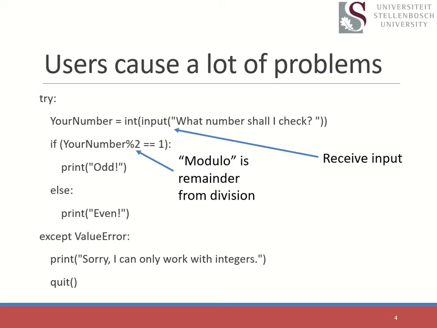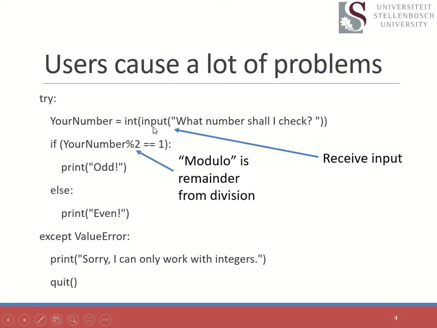So this top line, your number equals integer of input, what number shall I check, is a little complex. Let me try to unfold that. When it incorporates this input function right here, remember you can tell it's a function because it has these parentheses after it.